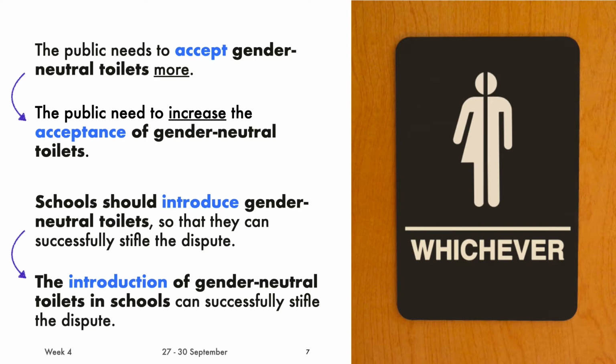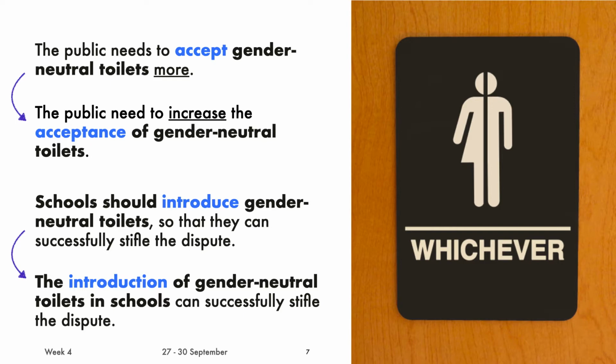Another example would be: schools should introduce gender-neutral toilets so that they can successfully stifle the dispute. And the resulting sentence can be: the introduction of gender-neutral toilets in schools can successfully stifle the dispute. In this case, you will find that the sentence becomes shorter.